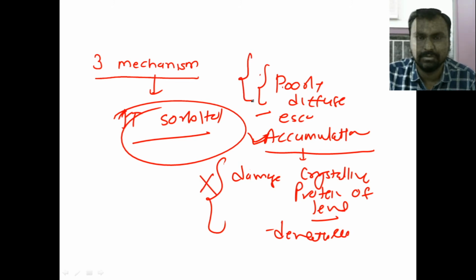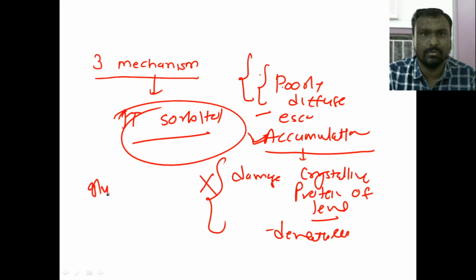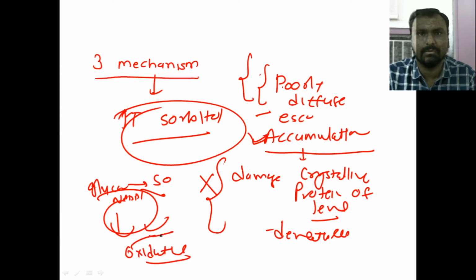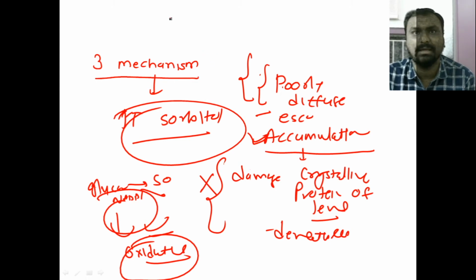One more: when glucose is converted to sorbitol, NADPH is utilized. Decreased NADPH will lead to oxidative stress and oxidative damage, and that will also damage the lens and lead to cataract.